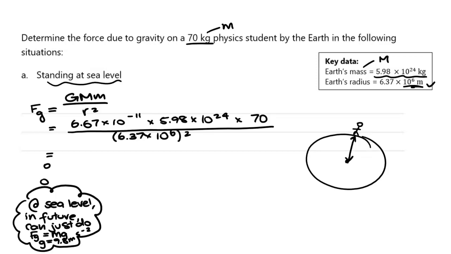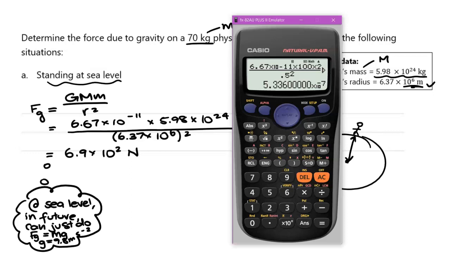Okay, pop that into your calculator, see what you get, and confirm whether you get, let's do it to 2 sig figs. Okay, hopefully you've had a chance to do that. 6.9 times 10 to the 2 newtons. We could do a quick check on our calculator to see if that is reasonable. If we had a 70 kilogram student standing on the surface of the Earth, we could do m times g.